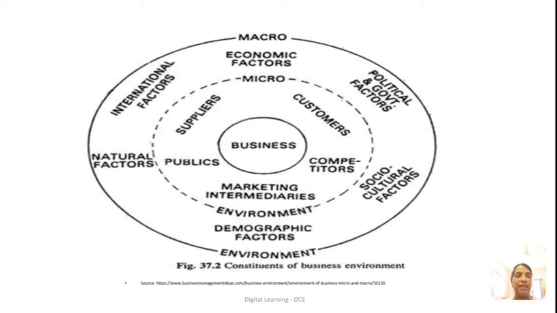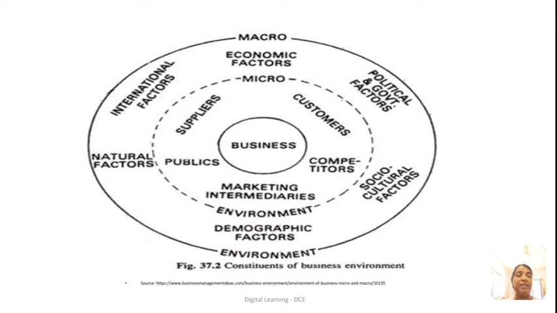If you see this diagram here, there are three circles. The middle circle represents business, and business is affected by two external environments. One is called micro environment, another one is called macro environment.